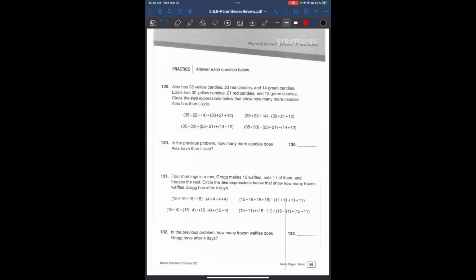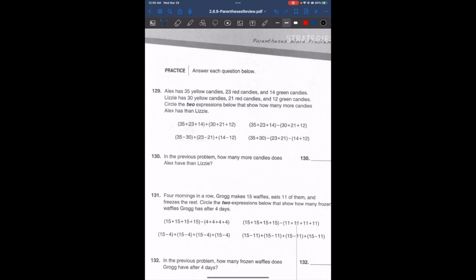Now we're on the third page. So we have problem number 129, again, similar type of question. Alex has 35 yellow candies, 23 red candies, and 14 green candies. Lizzie has 30 yellow candies, 21 red candies, and 12 green candies.